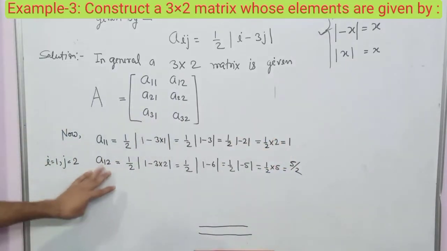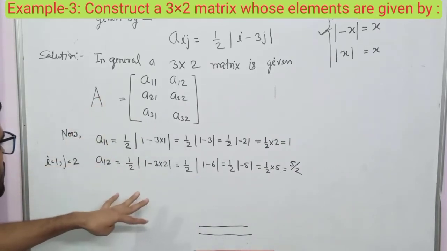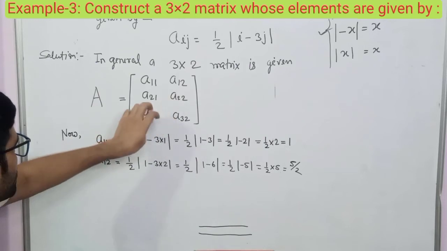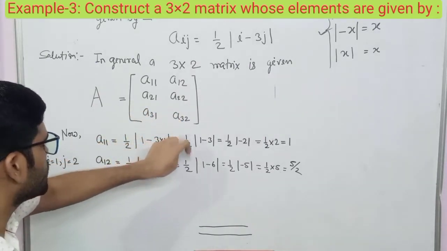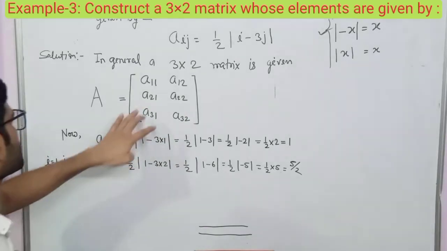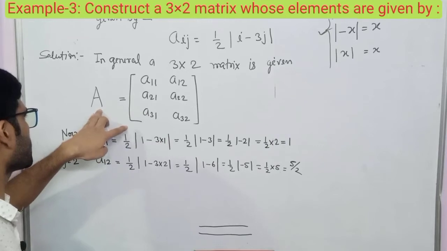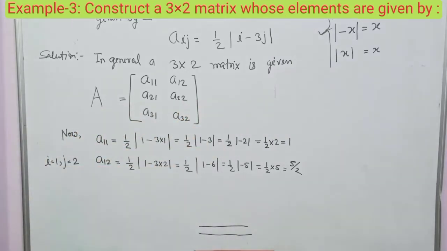The value of A12 is 5 by 2. In the same way, you can find the value of A21, A22, A31, A32, and at last all values you can put in this expression, so you will get the answer.